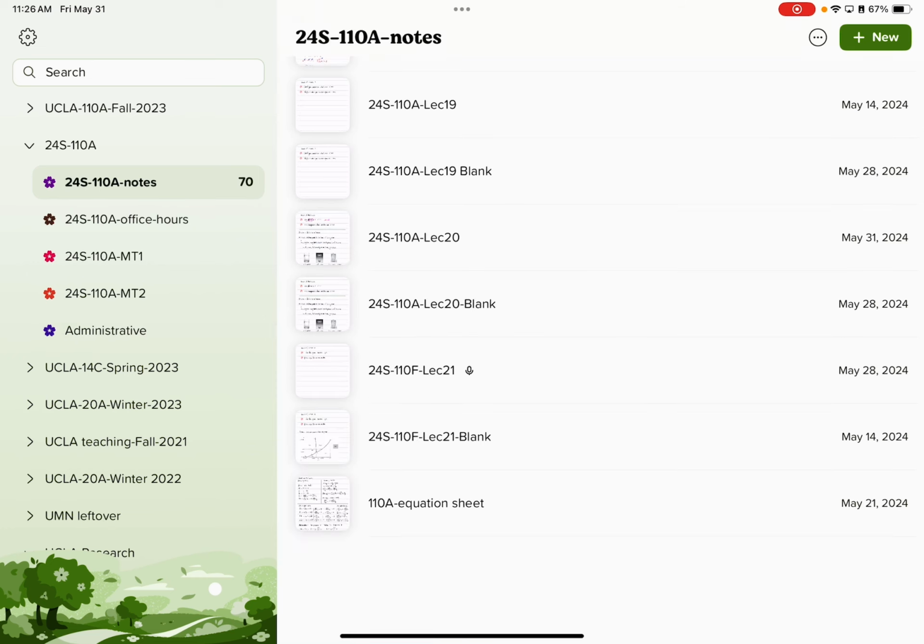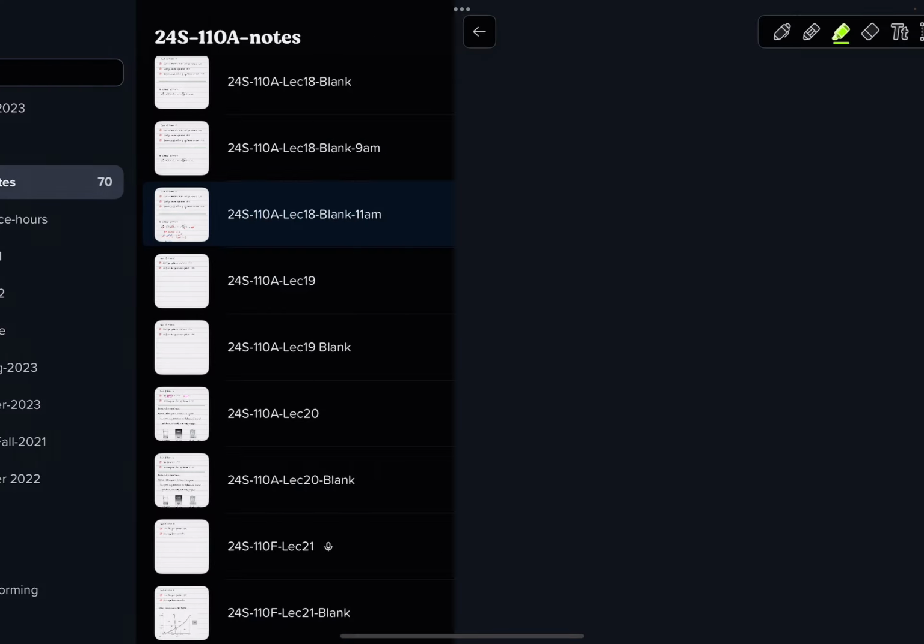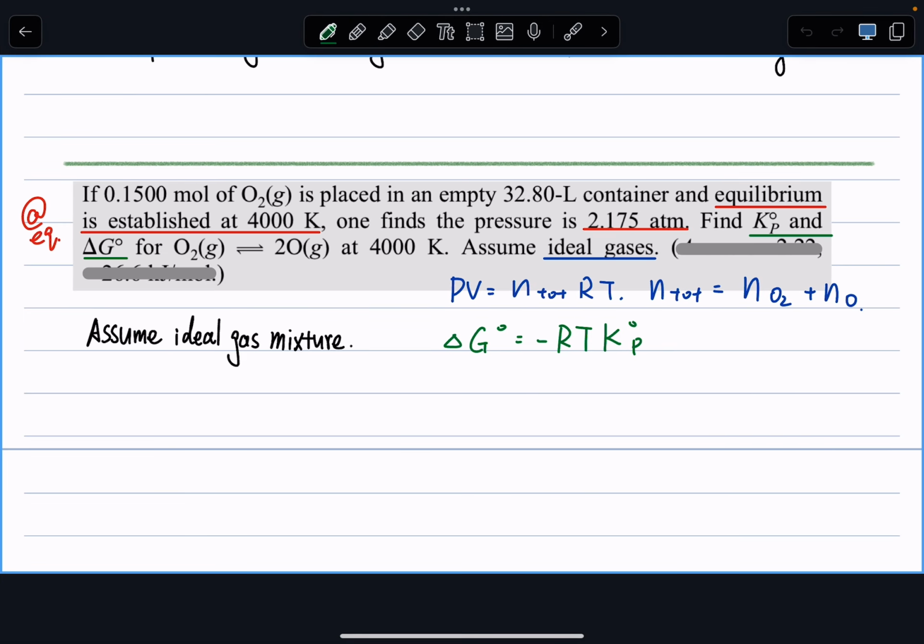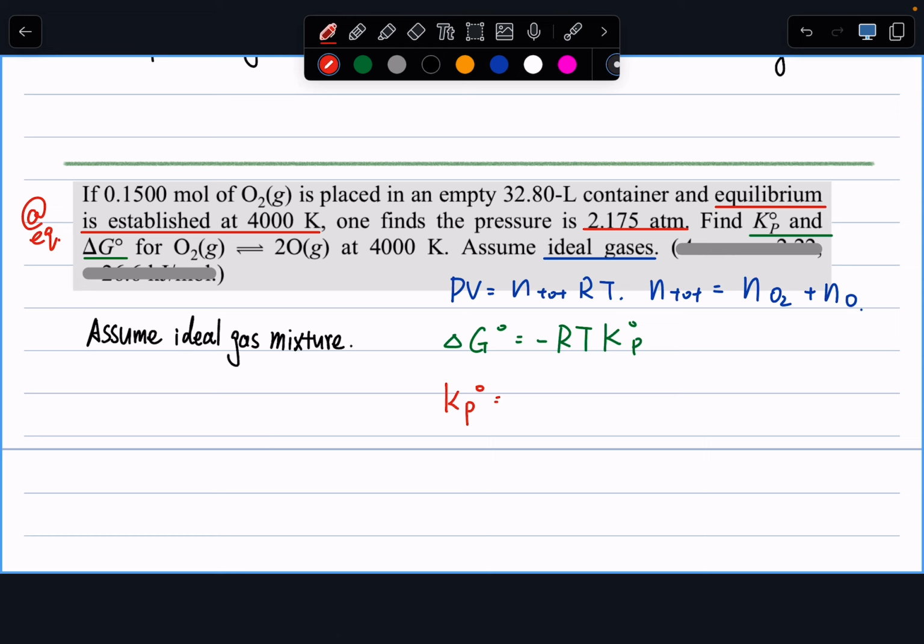Okay, so now let's go back and think about what else can we do. Now in here, what is the definition of Kp naught? Right, this is the product of my partial pressure over my standard pressure, so that's the product of my Pi at equilibrium over P naught to my stoichiometric coefficient.